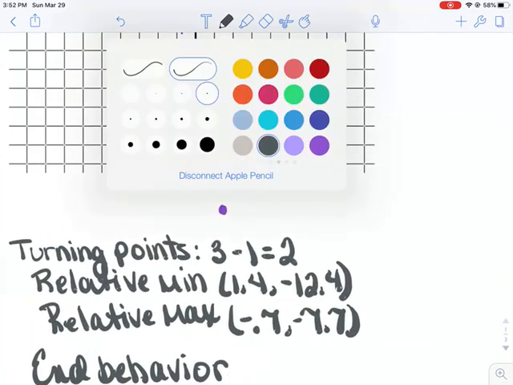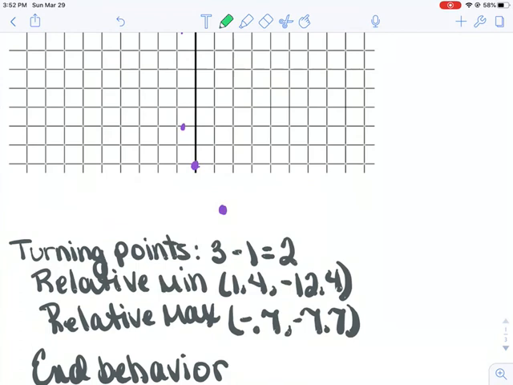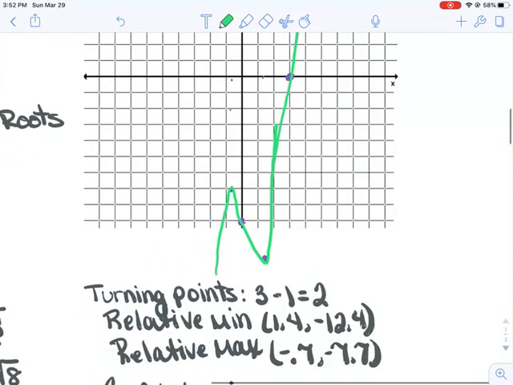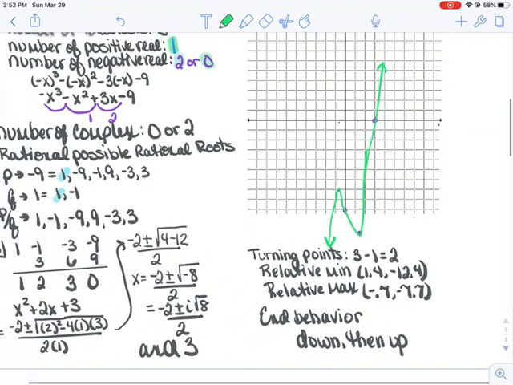So this graph is going to start at negative infinity. It's going to come up, make its turn, cross the y-axis, make its turn, and go through 3, and then go to positive infinity.